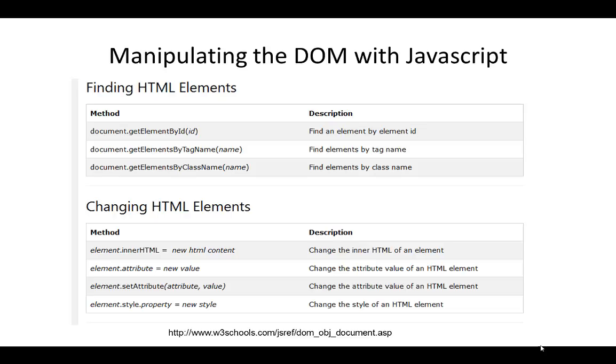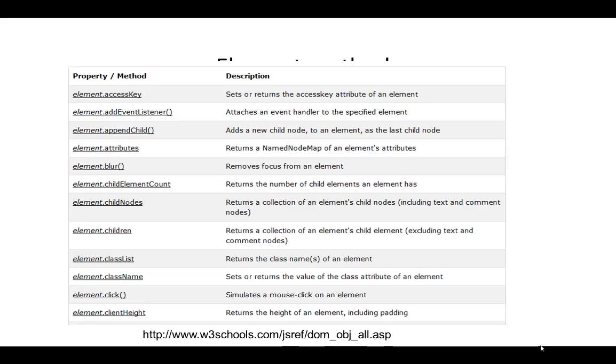And then there's a whole set of other methods here that allow you to change the value. So to change the inner HTML, the bit that's between two tags, is the element.innerHTML property. We can set the values of attributes, etc. There's a lot of these methods. We don't need to know any of the detailed ones.